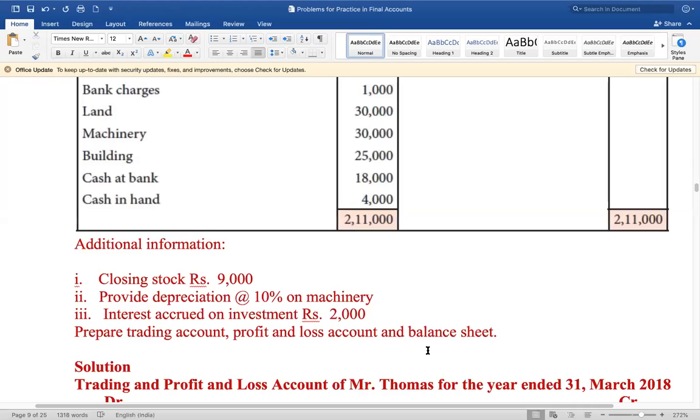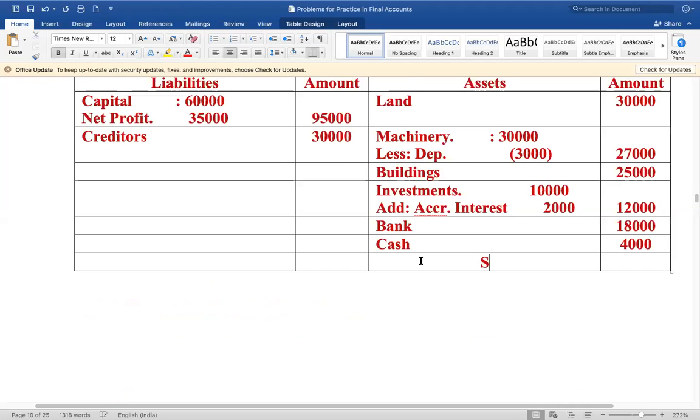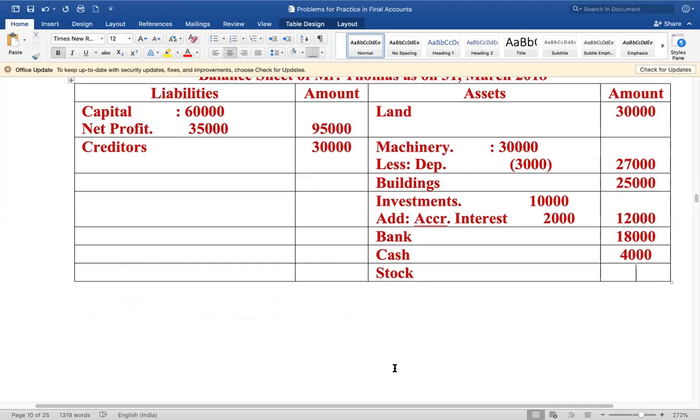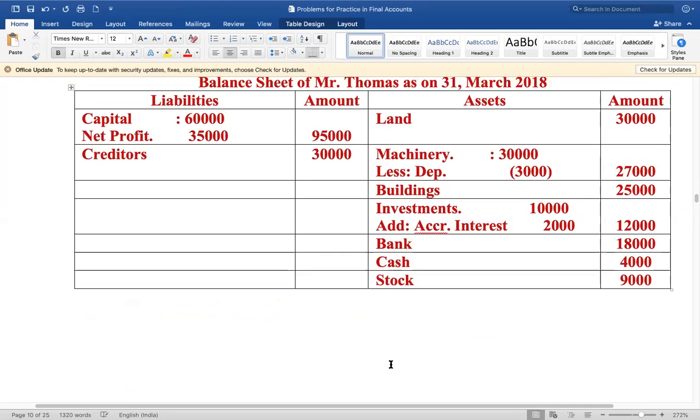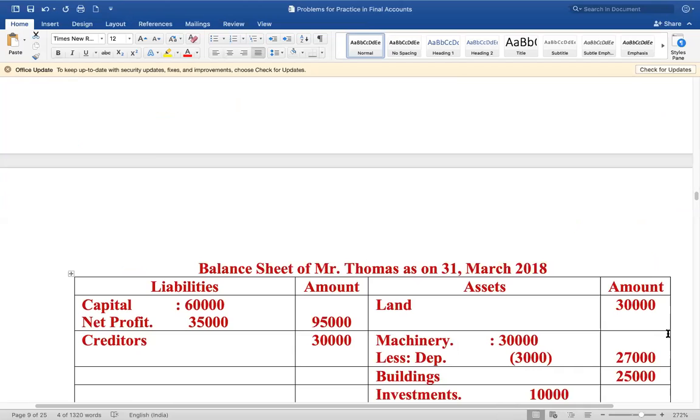So we have taken closing stock, we have not taken stock yet. Stock 9,000. Did we miss anything?